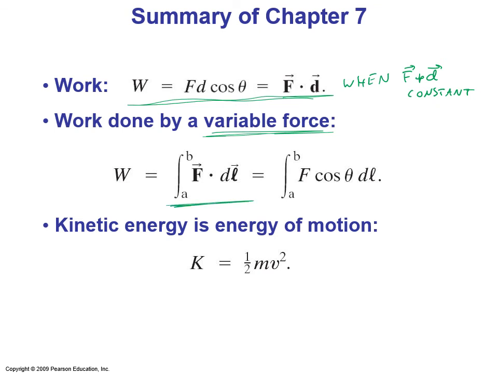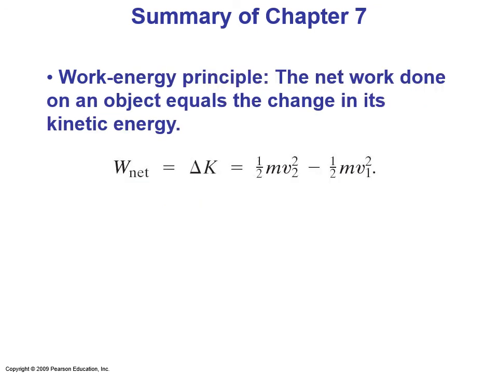So this simplifies to that. And kinetic energy is the energy of motion. And the link between kinetic energy and work is the work energy principle. And the work energy principle, or as I like to call it, the WEP for short, says that the net work done on an object equals the change in the object's kinetic energy, or 1/2 m v final squared minus 1/2 m v initial squared.